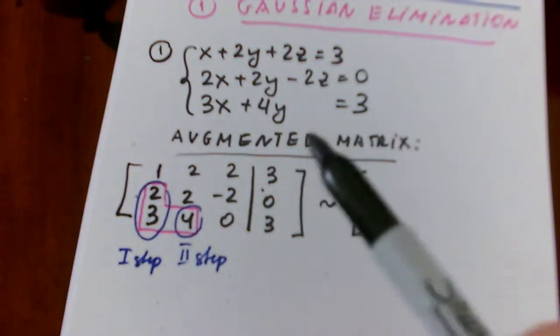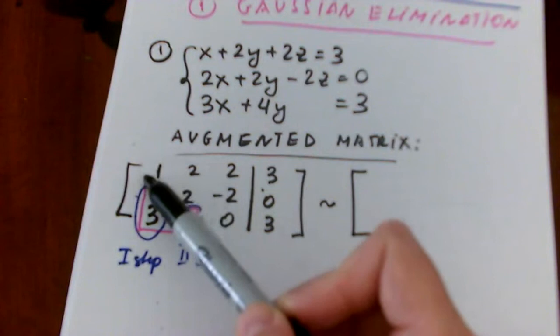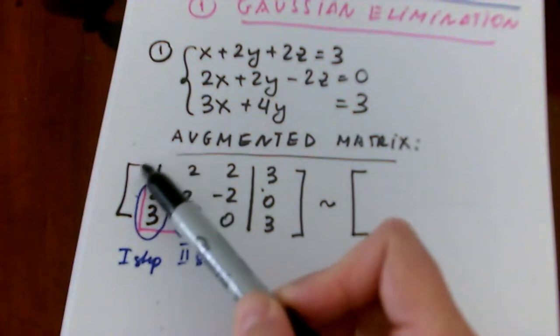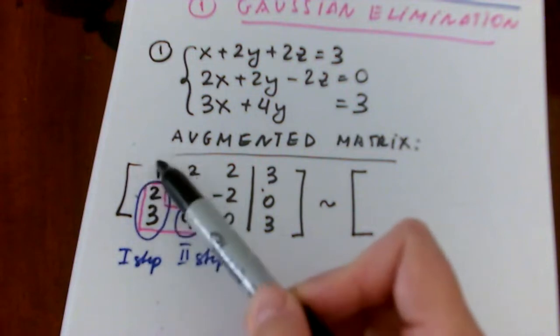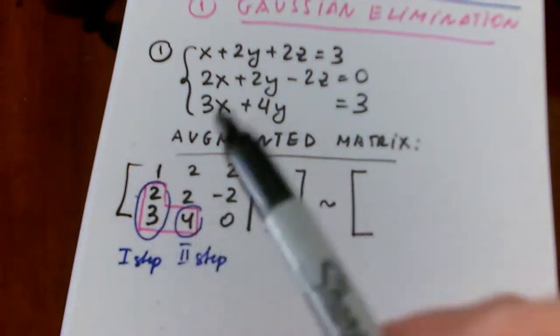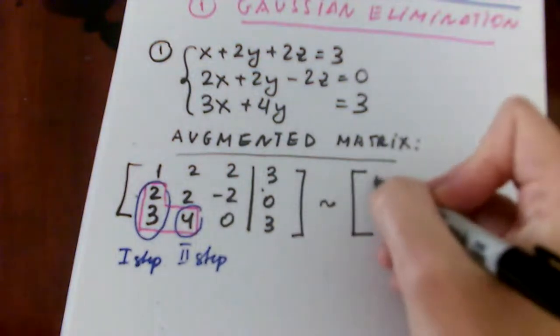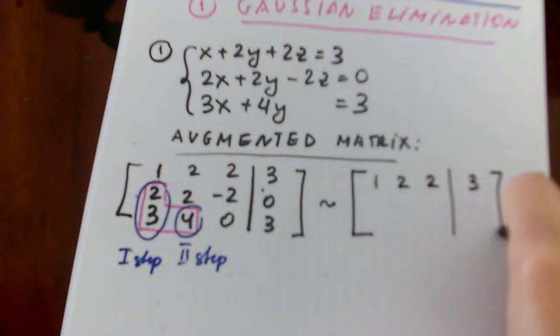Okay, so let's start. It's always good to start off with this top left element. It should be 1. It's not a requirement, it's just very convenient to have 1 here. But we do have 1 already here. It turns out that you don't need to change the first row, so we're just rewriting it.